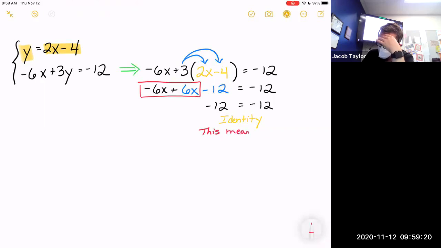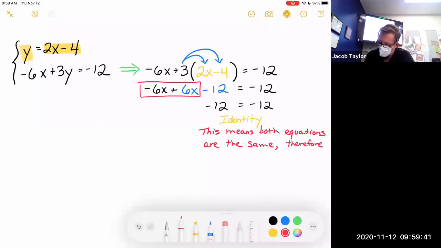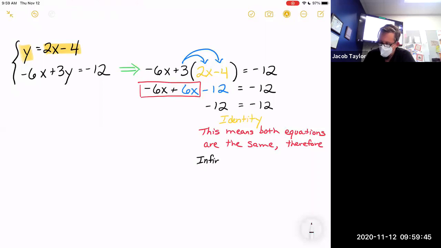Exactly. This means both equations are the same. And from yesterday, or I guess 2 days ago, we talked about what happens when both equations are the same. It means that if we were to graph this, it would be one line on top of the other, which provides us with infinite solutions.